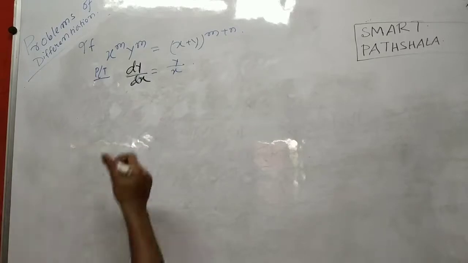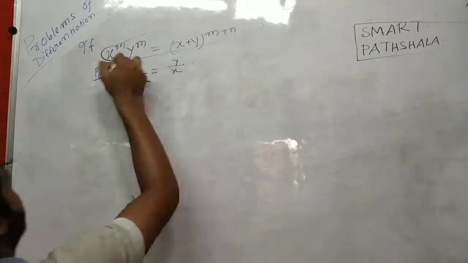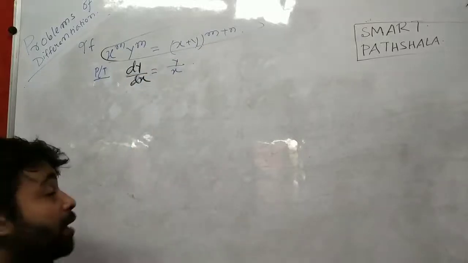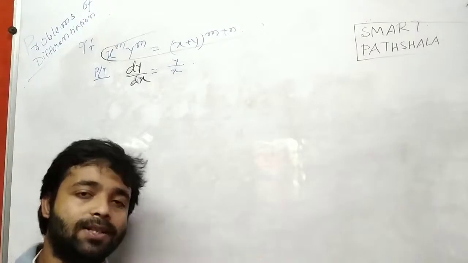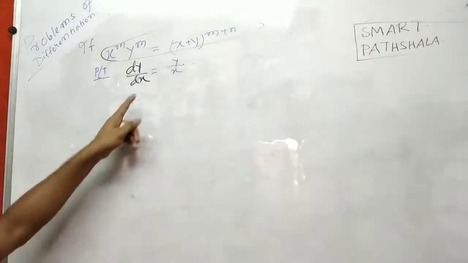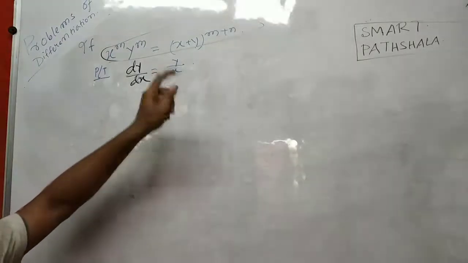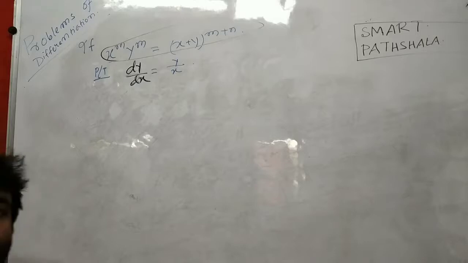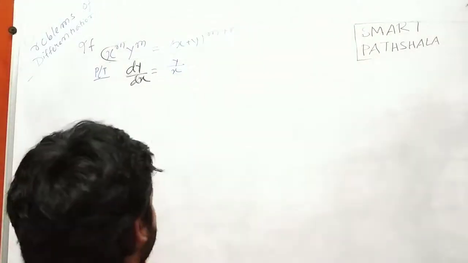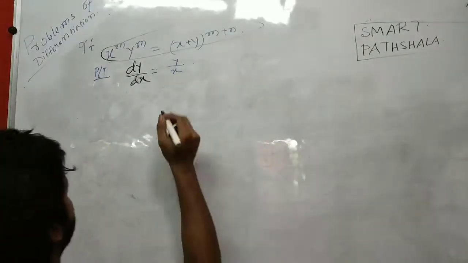Okay, in this problem we have been given this condition, that is x to the power m into y to the power n is equal to (x plus y) whole to the power m plus n. Now what you need to prove is dy/dx is equal to y by x. Now we have mentioned earlier that this type of problem can be solved by taking logarithm on both sides. Okay, let's do that process again.